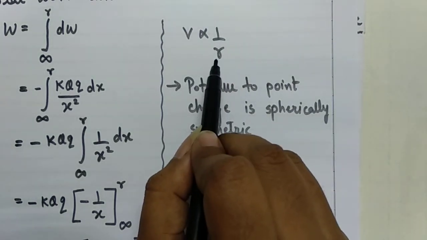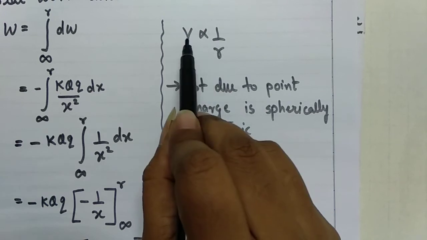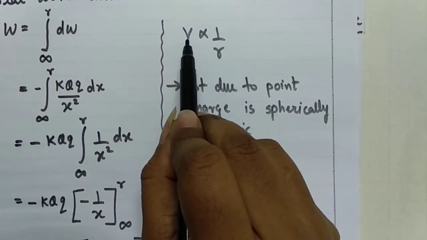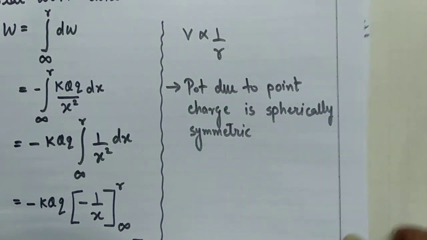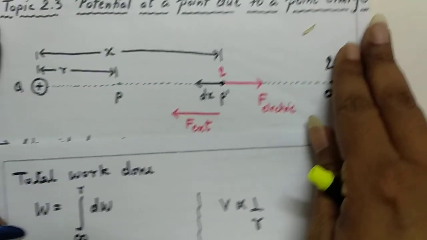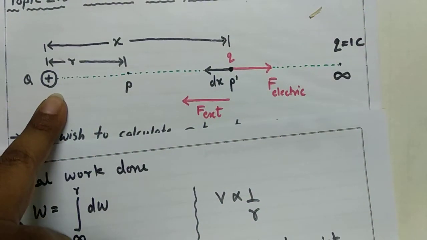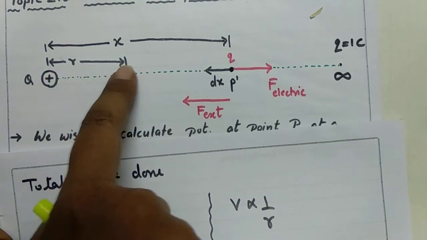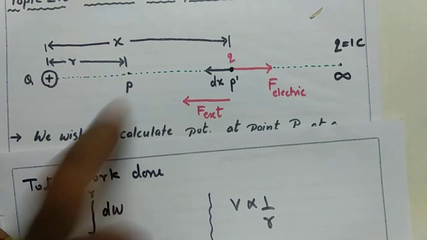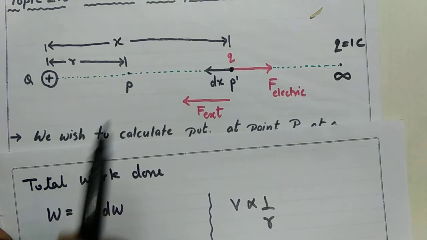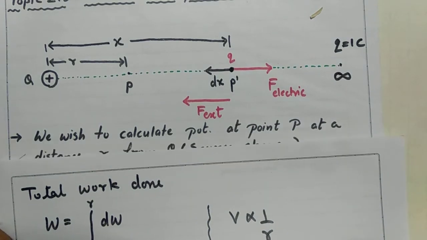See, as the distance increases, the potential decreases. Obviously, that will be the case. Suppose this is the source charge and this is the distance of the point where we need to calculate the potential. Potential was work done in bringing a unit positive charge from infinite distance to a given point.